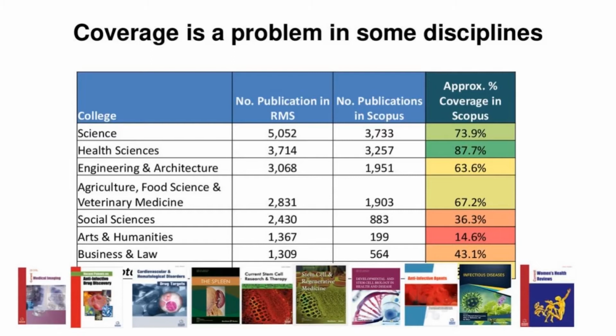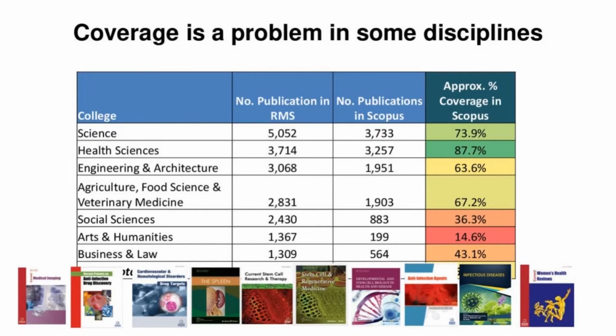And you can see here, of course, that as you drop down my list, the percentage coverage in the Scopus database, the big Elsevier international citation database, falls off quite markedly.